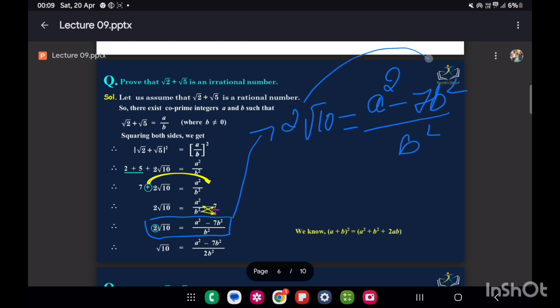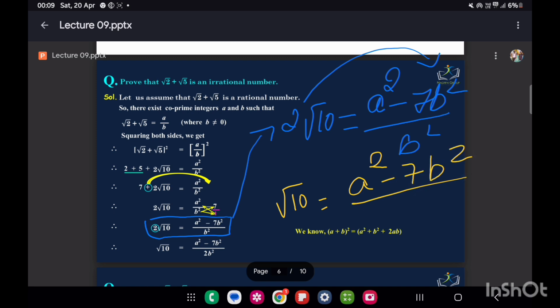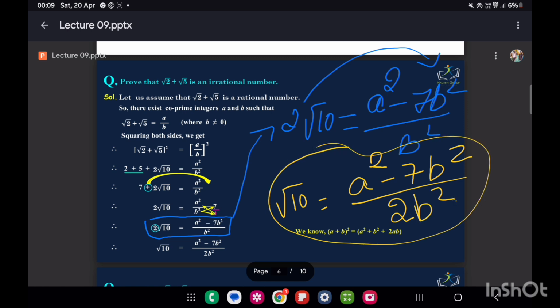Shift the 2 to the right hand side. You will get root 10 equals a square minus 7b square divided by, here 2 will come to the denominator, 2b square. This is root 10 equals a square minus 7b square divided by 2b square.